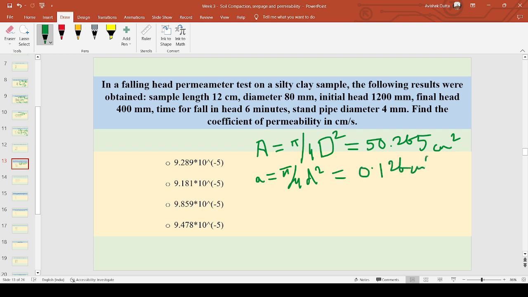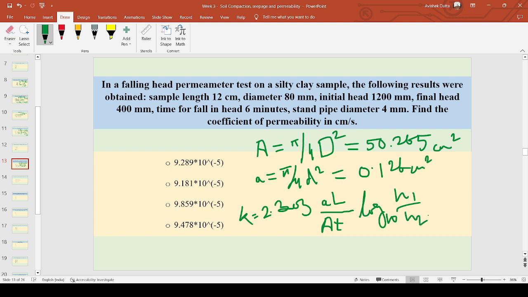0.126 centimeter square. Now, the formula of falling head test, K is the coefficient of permeability, equals 2.303 small a into L, length of the soil sample, divided by capital A, area of the soil sample, into small t, time taken, by 80 log to the base 10, then H1 divided by H2.